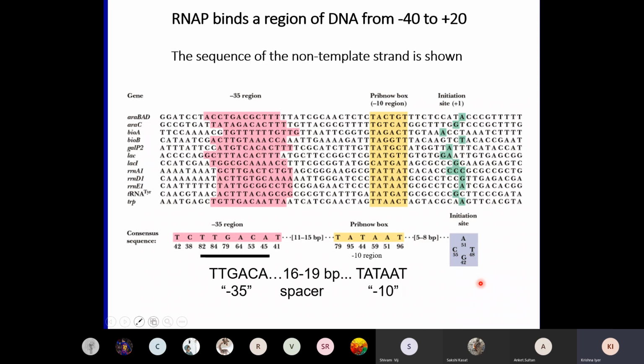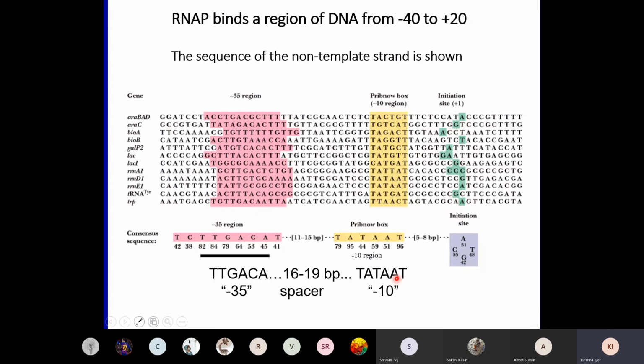Now here is shown the sequence of the -35 and the Pribnow box with respect to several different genes. What is important is that genes whose sequences are closer to the TATAAT and TTGACA boxes will be transcribed with more efficiency than any other sequence.